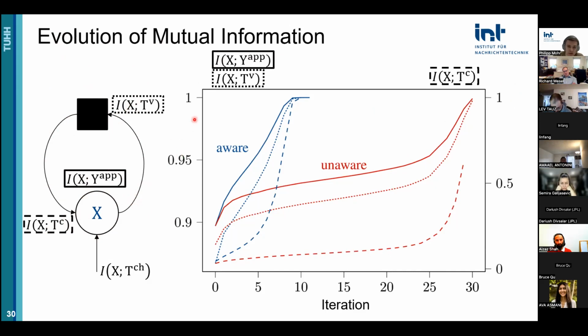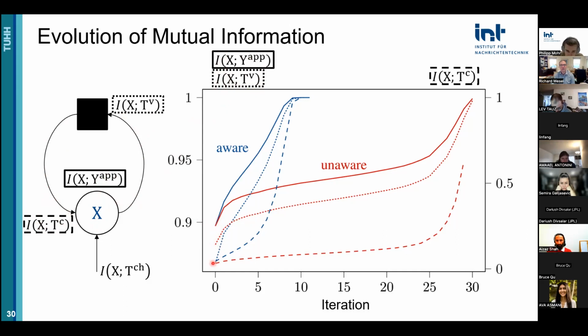And you can see here on the left, the dotted line is the mutual information of the variable node message, and the dashed line from the check node message. And the APP mutual information just includes the non-extrinsic message here. And we start now with the same channel conditions here.